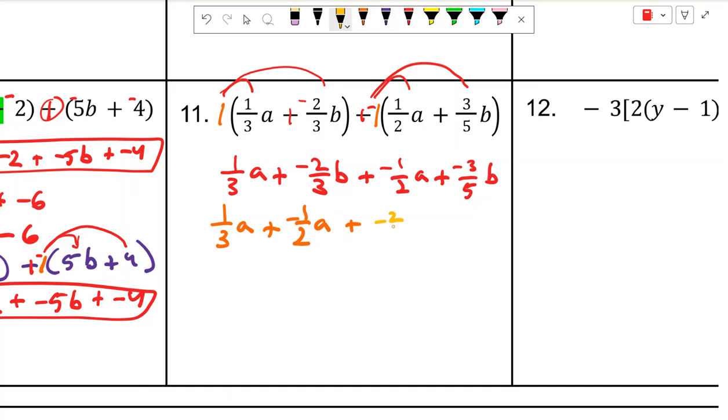I'll put negative 2/3 b here plus negative 3/5 b here. And now I need to have like terms to be able to add my a terms together. But I need like denominators as well. So what denominators 3 and 2 both go into? They both go into 6.